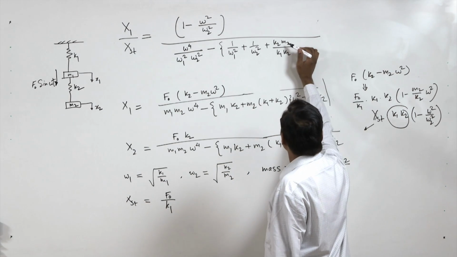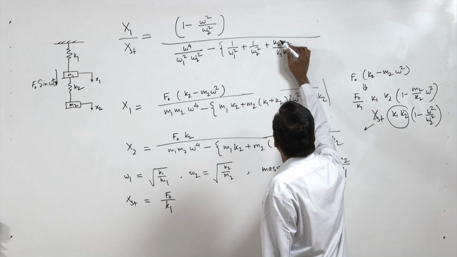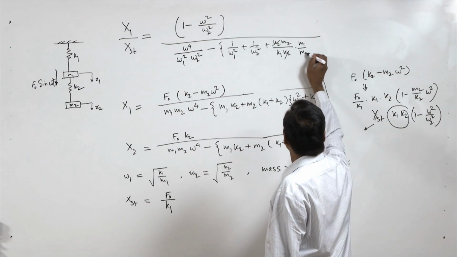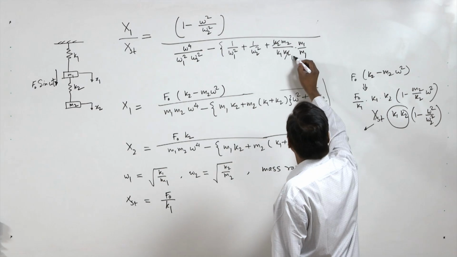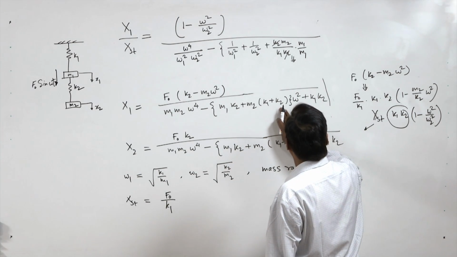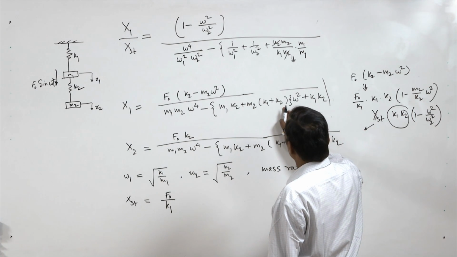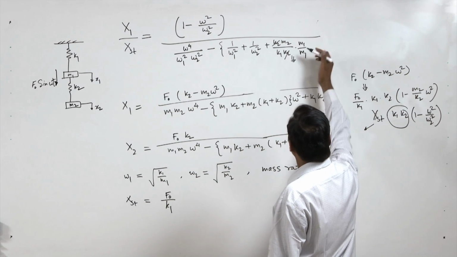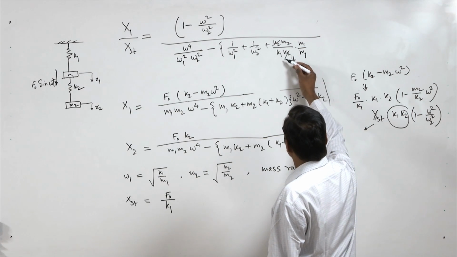So we can cancel out this k2, and we divide it and multiply with m1 by m2. What will happen? So this is m2 and m2 k2 here by k1 k2.